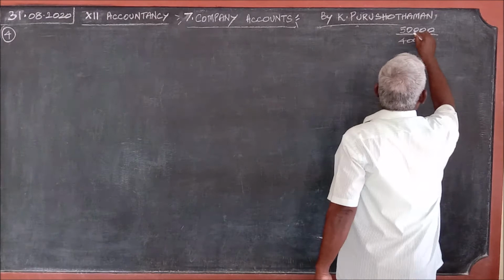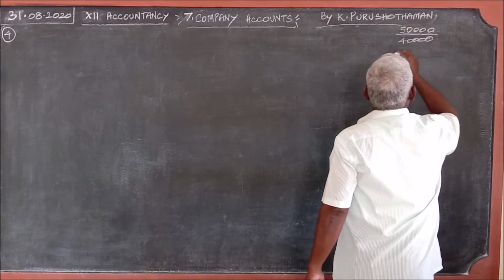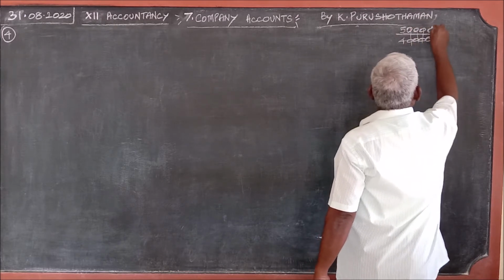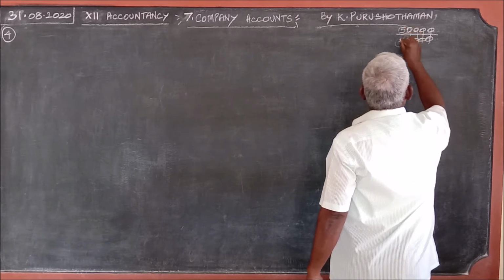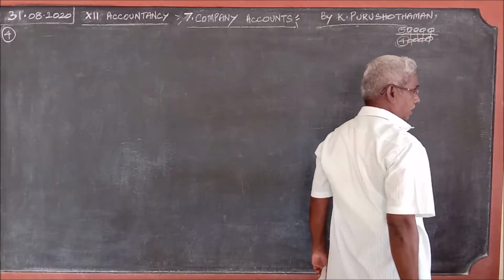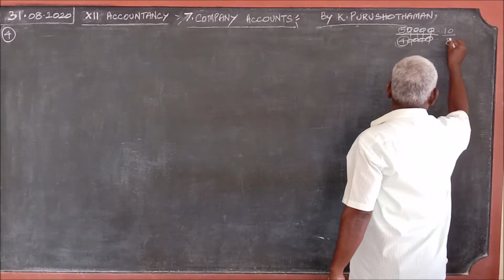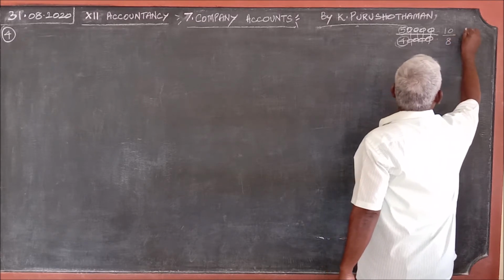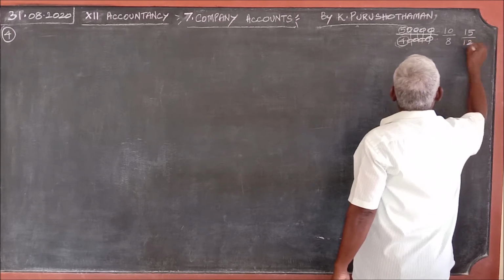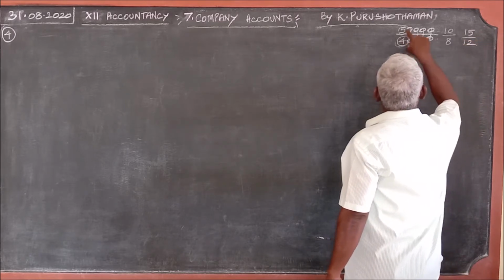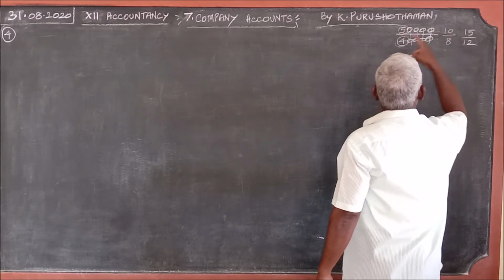Out of 40,000 shares, 50,000 applicants should be satisfied. Those who have applied for 5 will be allotted 4, those who have applied for 10 will be allotted 8, those who have applied for 15 will be allotted 12. Then 1 5, 1 4, 2 5s, 2 4, 3 5s, 3 4.